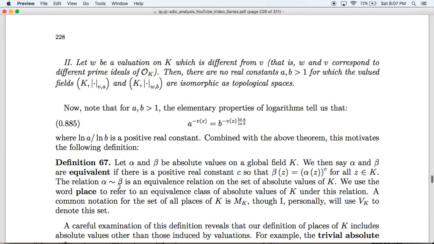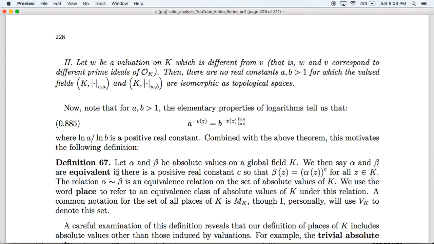The relation alpha twiddles beta if and only if alpha and beta are equivalent absolute values is easily shown to be an equivalence relation, and the term place is used to refer to an equivalence class of absolute values of k under this relation. A common notation for the set of all places of k is M subscript k, though I personally will use V subscript k to denote this.